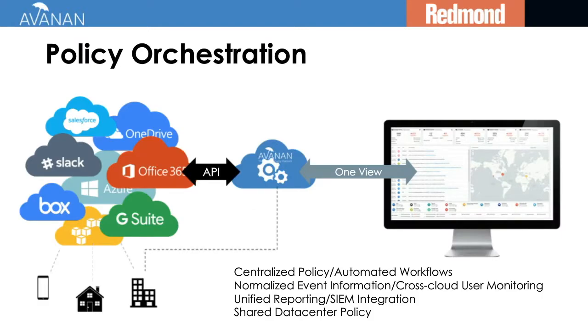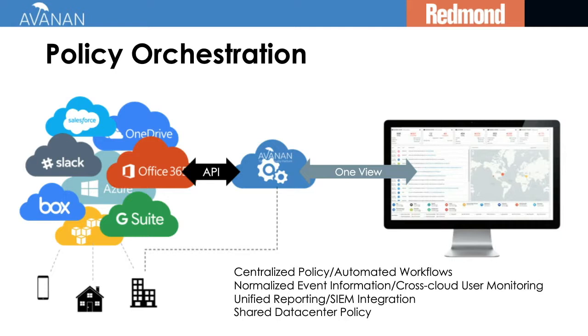So going beyond the user and the data, we go to the big picture, and that is the management of all of this, policy orchestration. We're connected to Office 365, we're connected to SaaS, and each of those have their own tool set for setting policy, each individually managed.